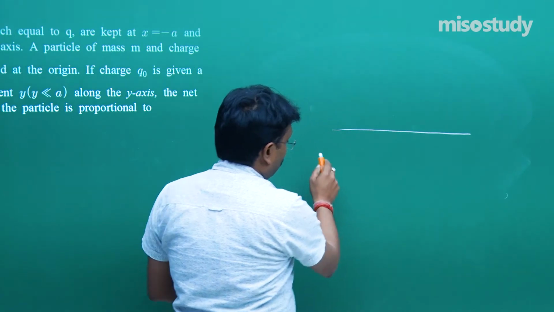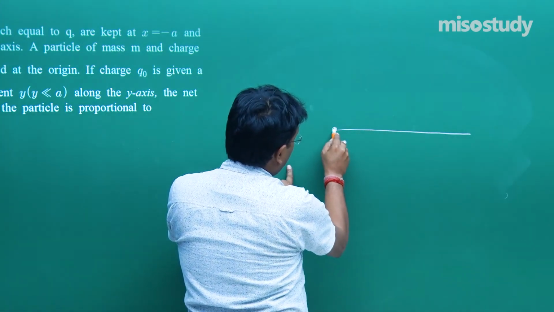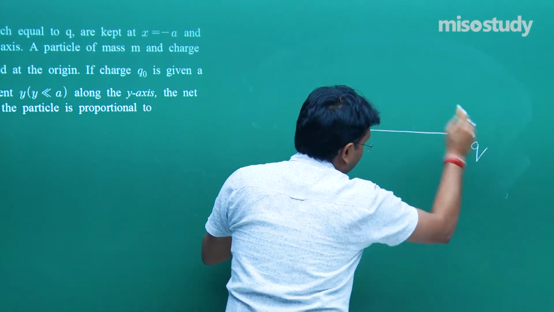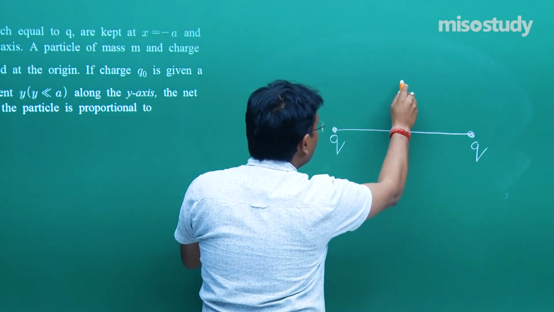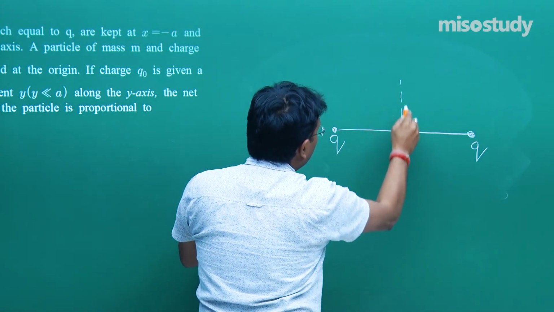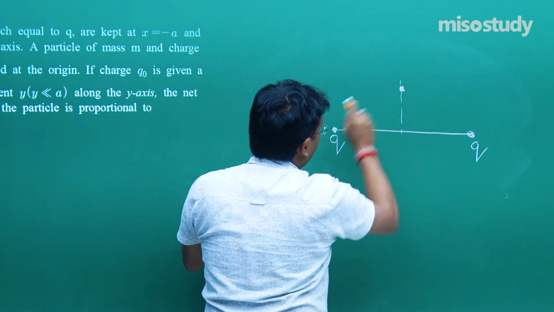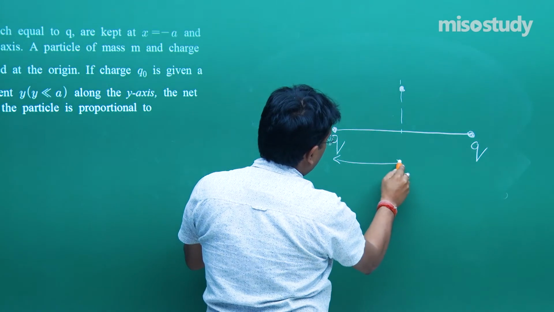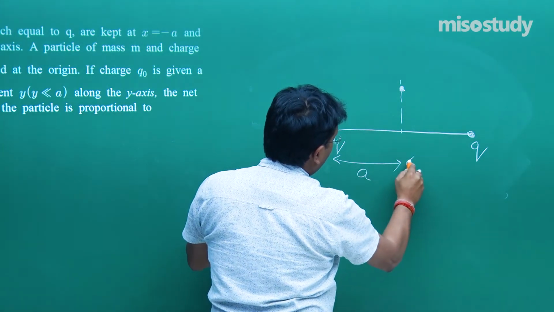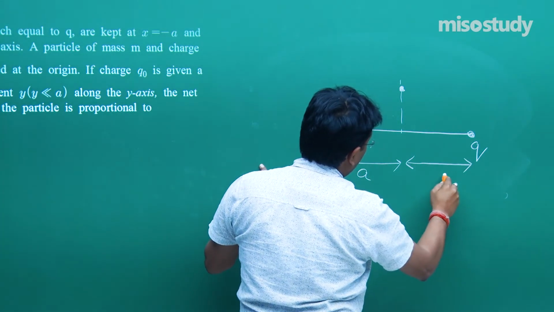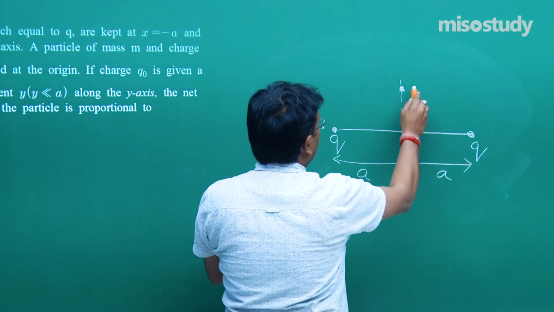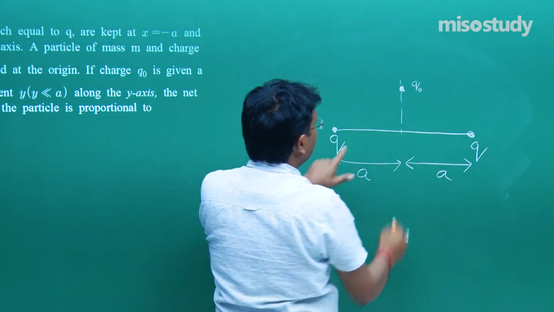Fine. So over here it is going to be Q, and again Q. Now the charge, let's say, over here. So this situation is going to give you A and this situation is going to give you A. Now this Q naught is here.